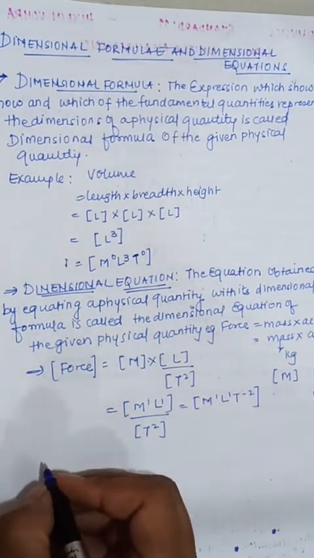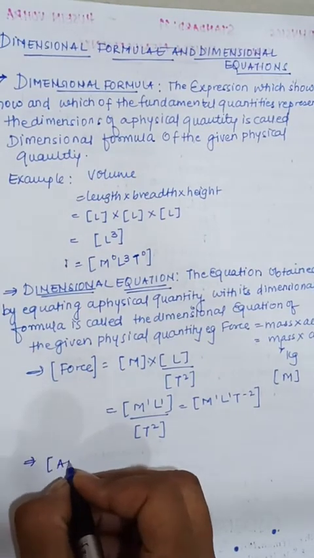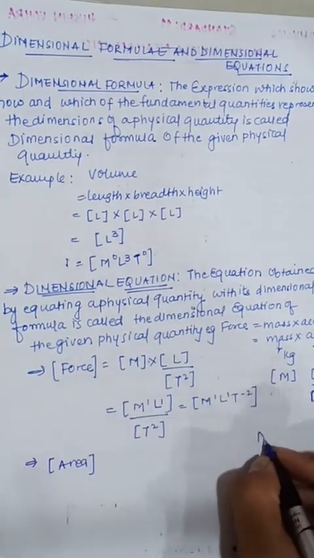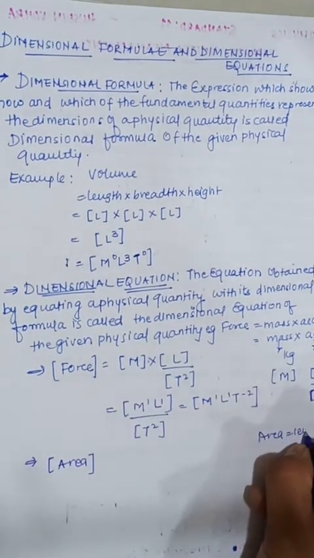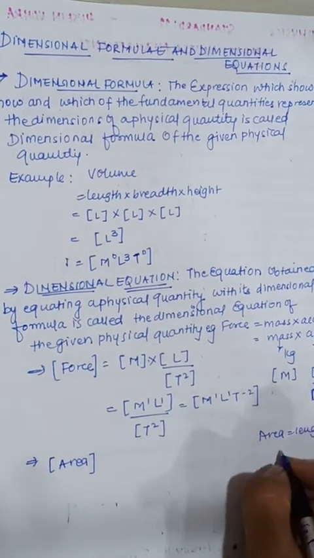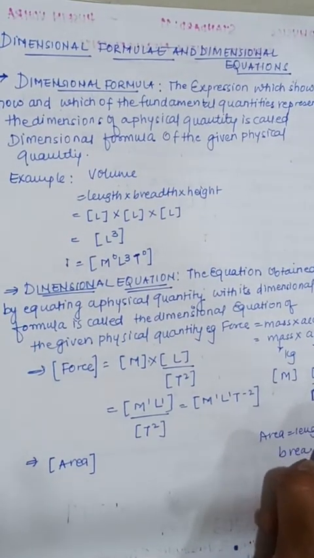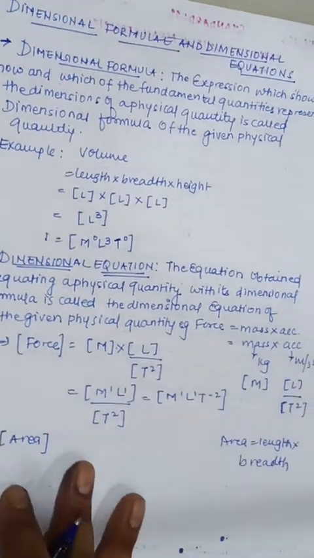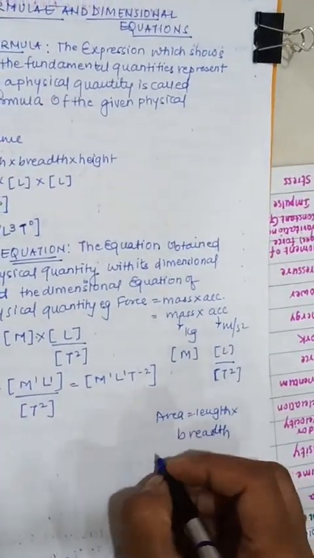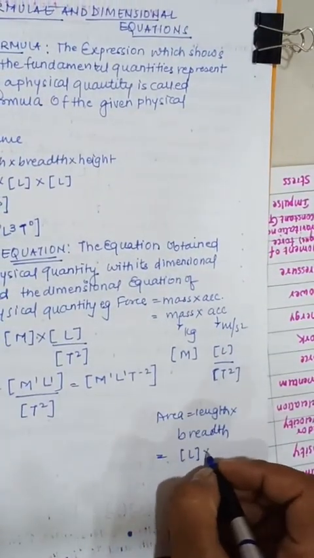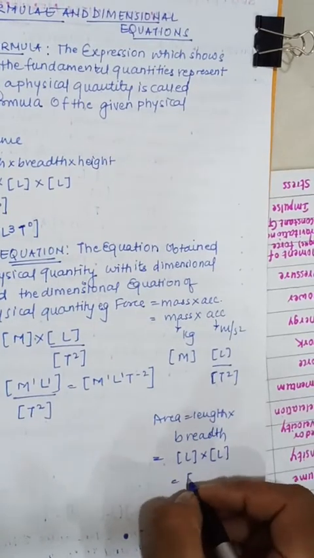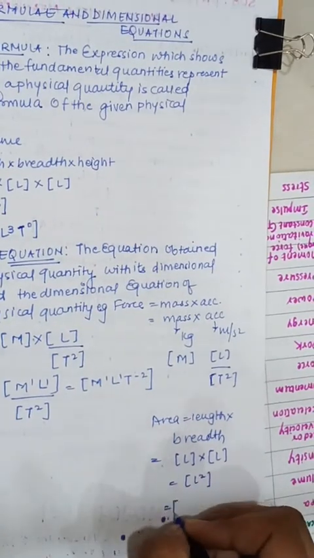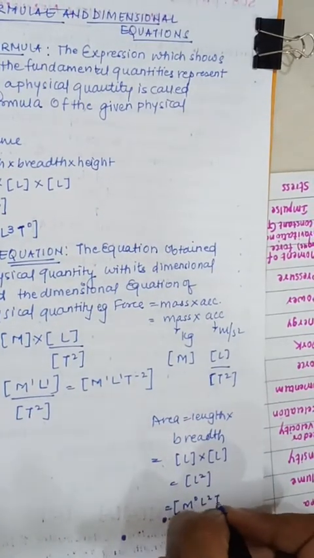If I can give you example of area. Again, what is area? That is length into breadth. Yes or no? Length into breadth. So for the case of length you will put L, for the breadth you are going to put L. So your answer is what? L2. More precisely I can write as M0 L2 T0.